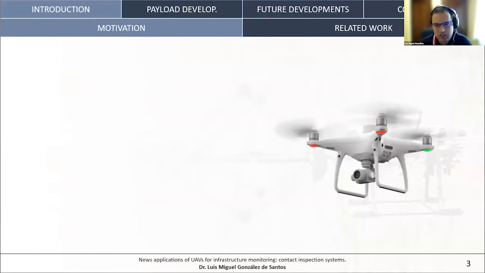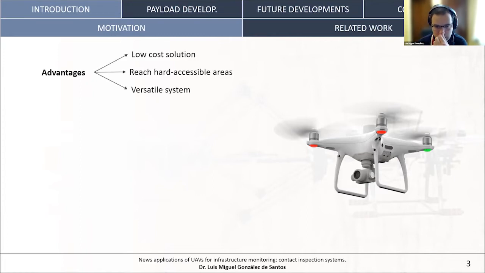So in the last years, the use of UAVs or drones has increased rapidly for both professional and recreative use. And in the professional sector, the main advantage of these vehicles is that they are a low-cost system, able to reach hard accessible areas, and also they are versatile systems that can be used for many different applications, as we have seen in the presentation of Dr. Antidio.